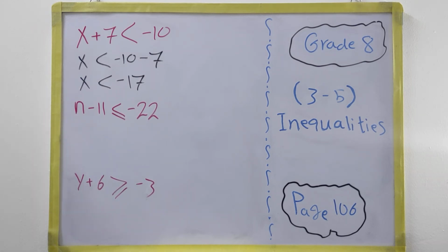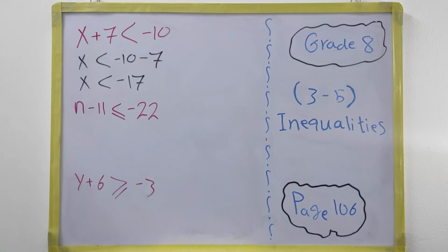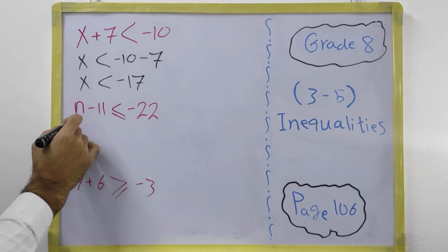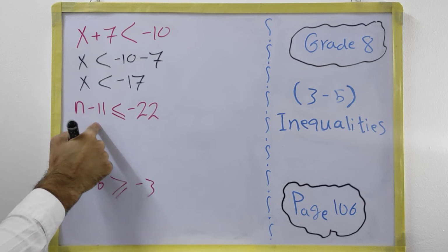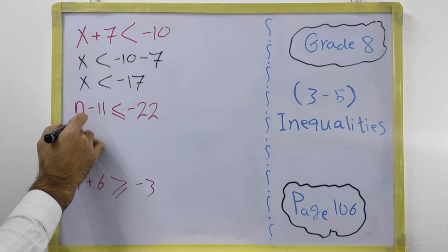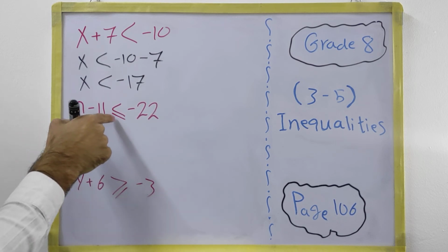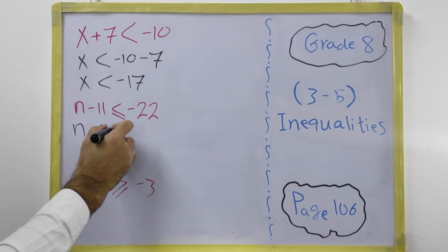Then we come to the second one, which is n minus 11 less than or equal to negative 22. Again, we do the same thing as we did: negative 11 to the other side will be plus 11, and the same sign that we had.